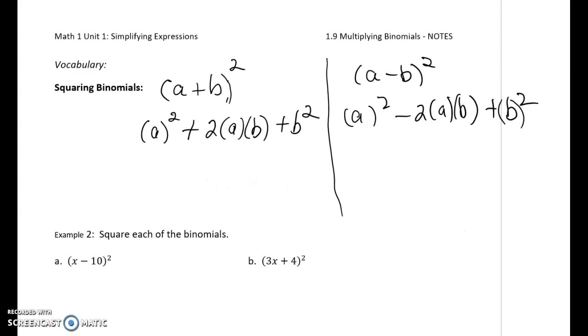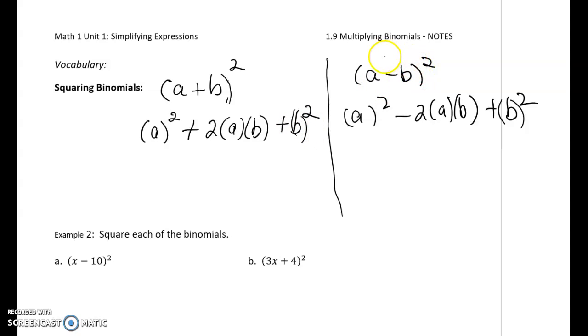When it comes to squaring binomials, again, we're multiplying the same binomial times itself twice. Here's a pattern, a shortcut that you can apply. So a plus b parentheses squared: we'll take the first term, square it, add 2 times the product of those two terms, and then add the last term squared.